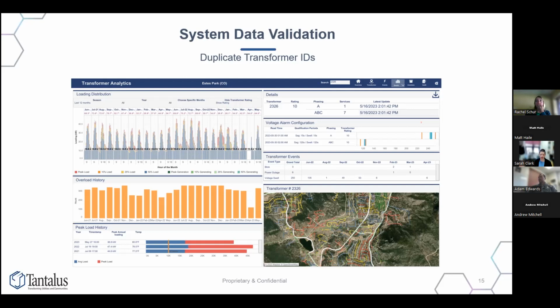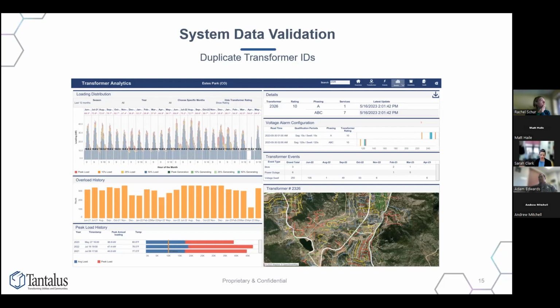We look at our GIS data, and running through your day-to-day operations, a couple dozen out of several thousand transformers have duplicate IDs, which may not necessarily be an issue in day-to-day operation.